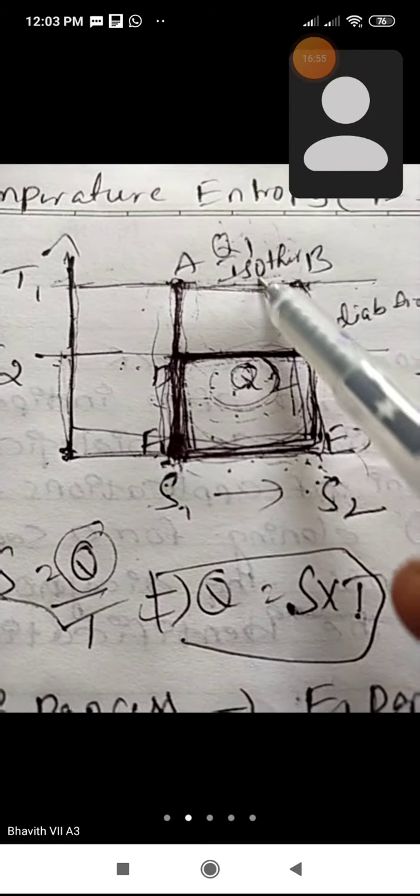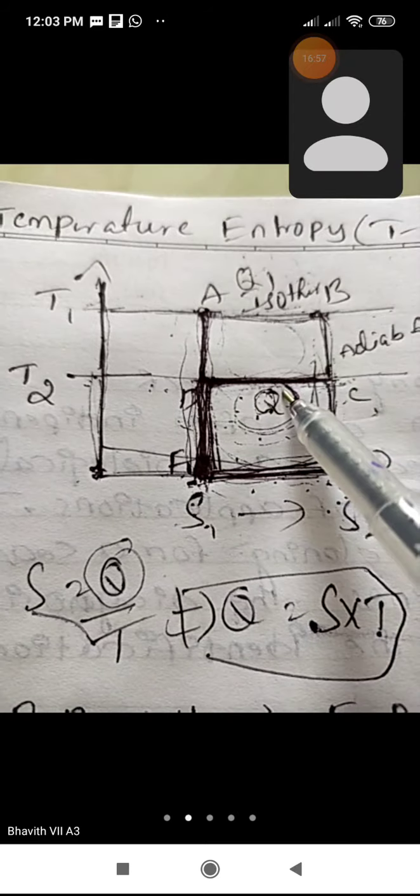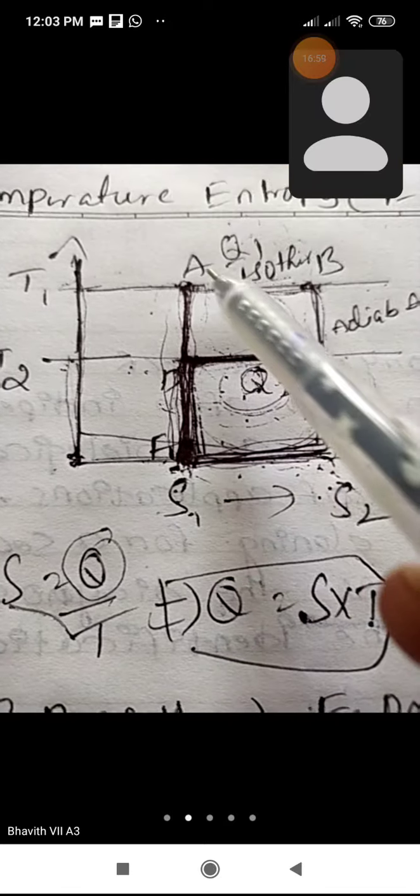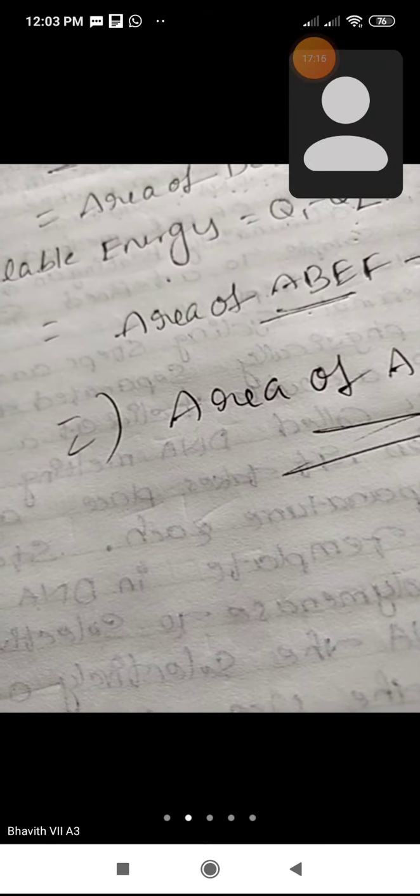When we subtract this rectangle box from that rectangle box, we get the ABCD area. So in place of Q1 minus Q2, we get the area of ABCD. This is the available energy using the TS diagram.